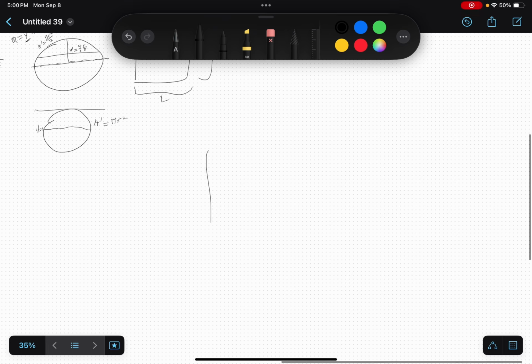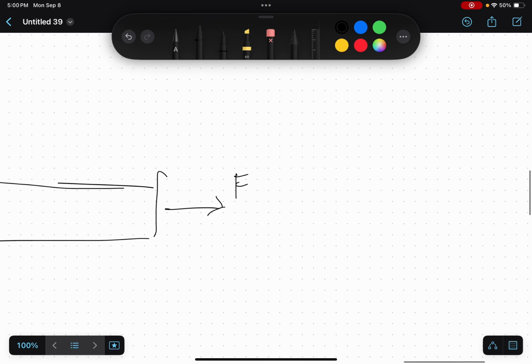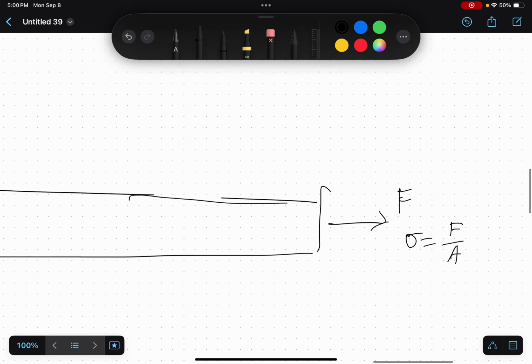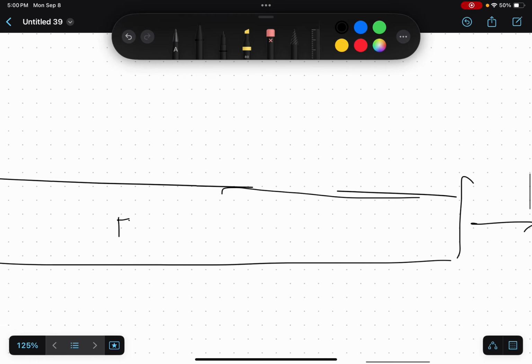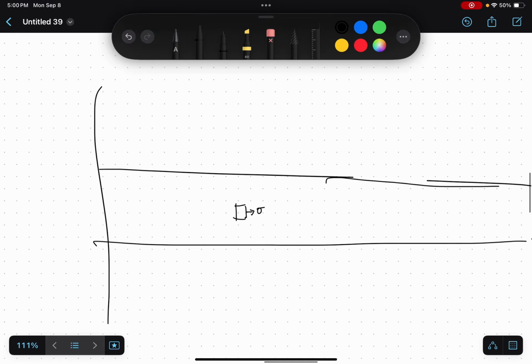So let's say you've got a beam. Everything is beams in this class. Let's say, again, you're just pulling it with a force. This will be an F over A sort of situation. Draw your little stress element, and it's got a normal stress on it. Cool.